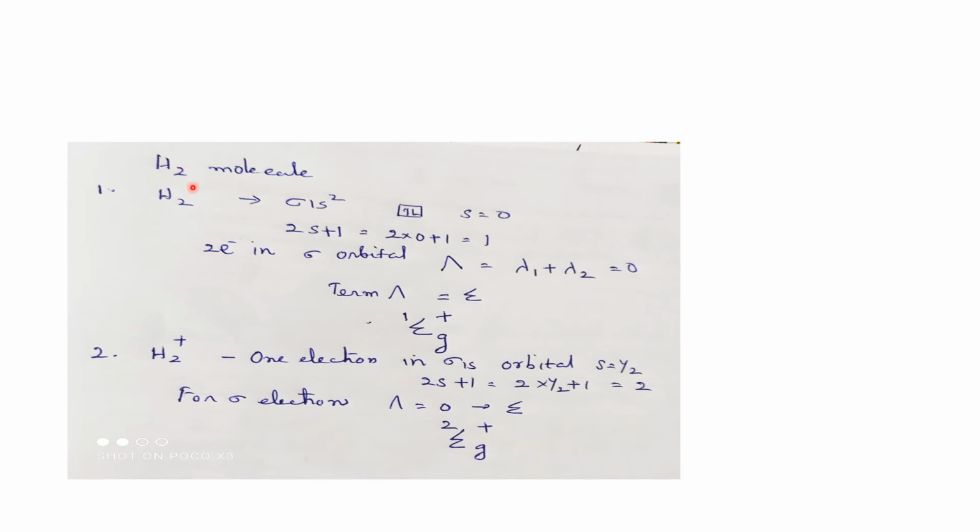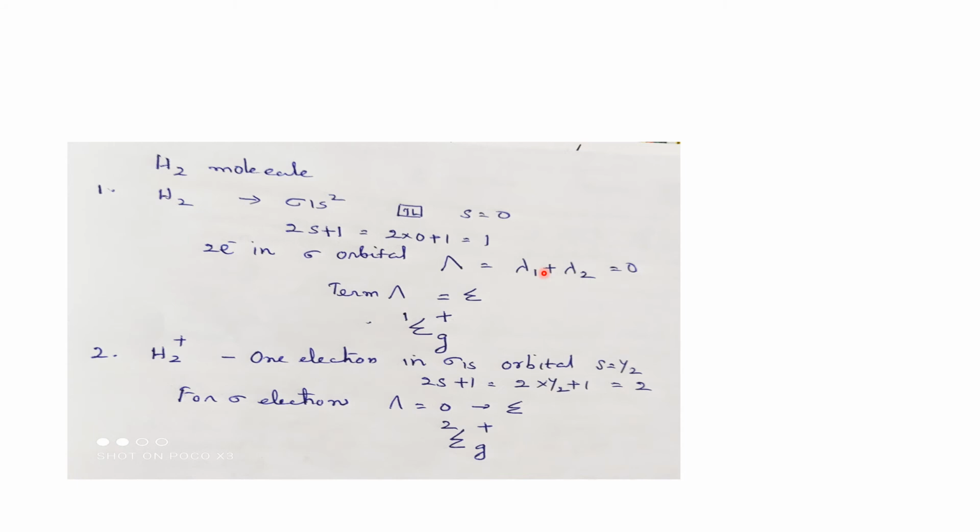Next is how we can write the term symbol of hydrogen molecule. Hydrogen molecule contains 2 electrons. Its electronic configuration is sigma 1s2. First find out the value of lambda. This lambda equal to lambda 1 plus lambda 2.